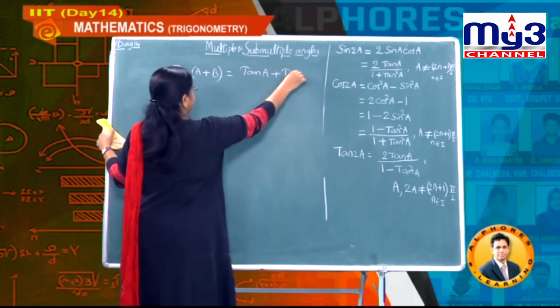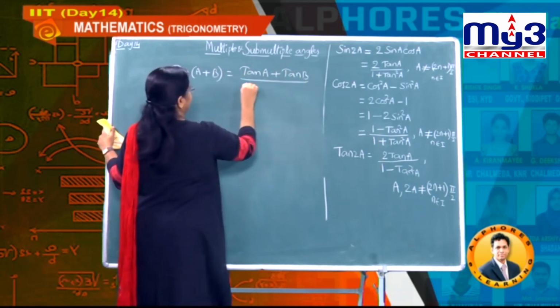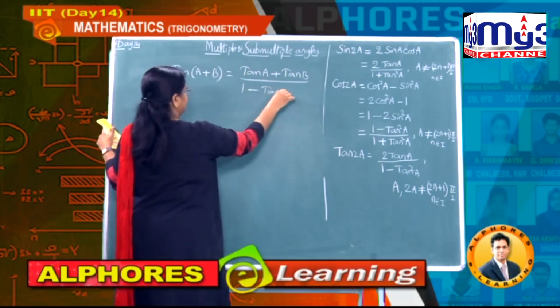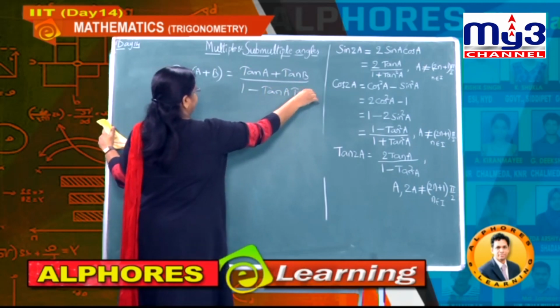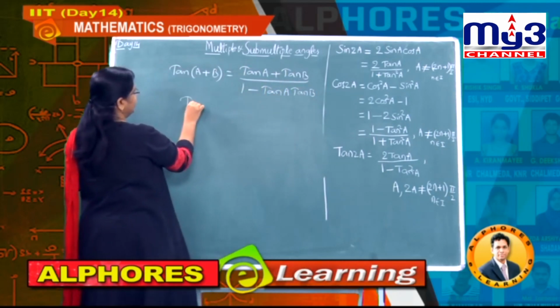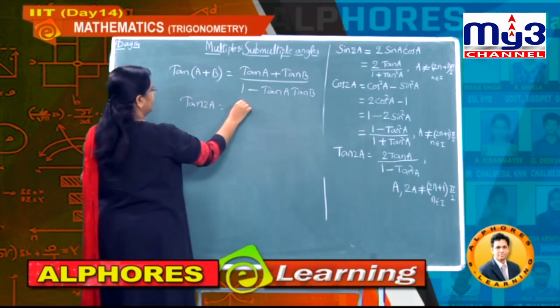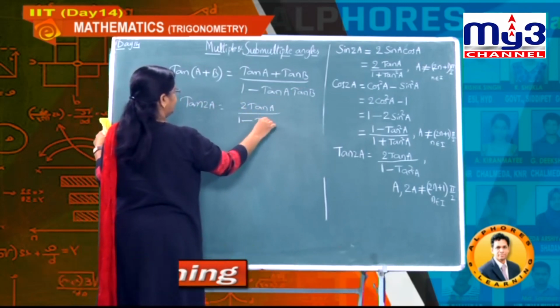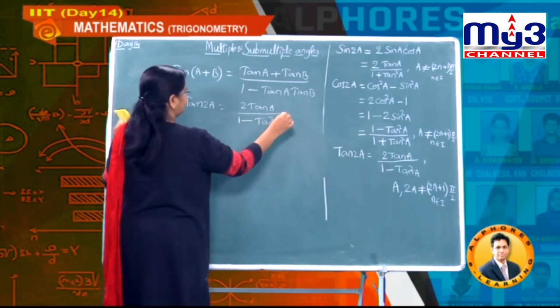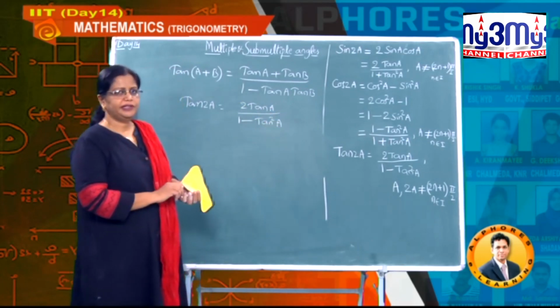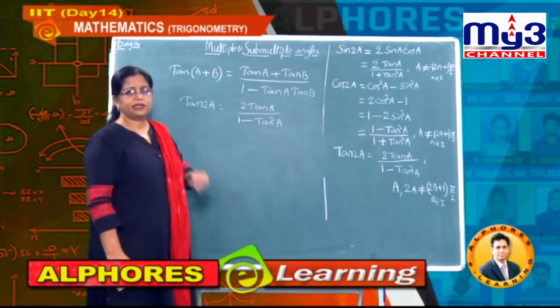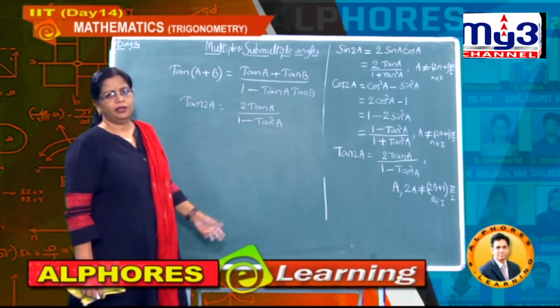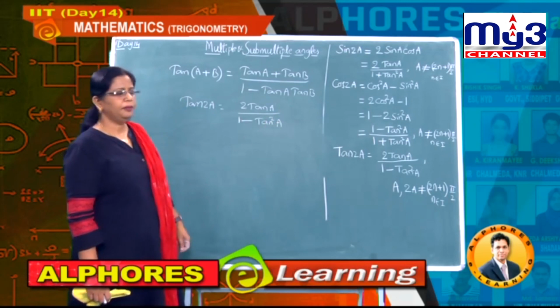So now we are writing this formula. In the same way we are going to substitute B equal to A. Then what will happen? Tan 2A equals 2 tan A by 1 minus tan square A. This is the condition. Now again, as a tan function is coming, A should not be equal to an odd multiple of pi by 2.